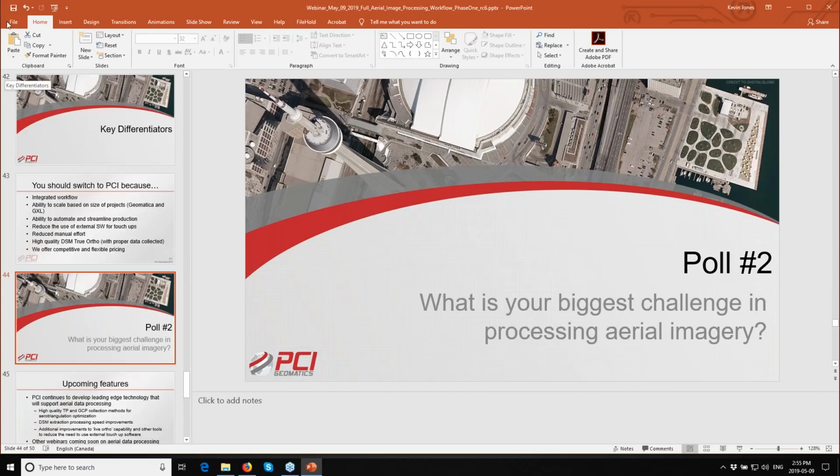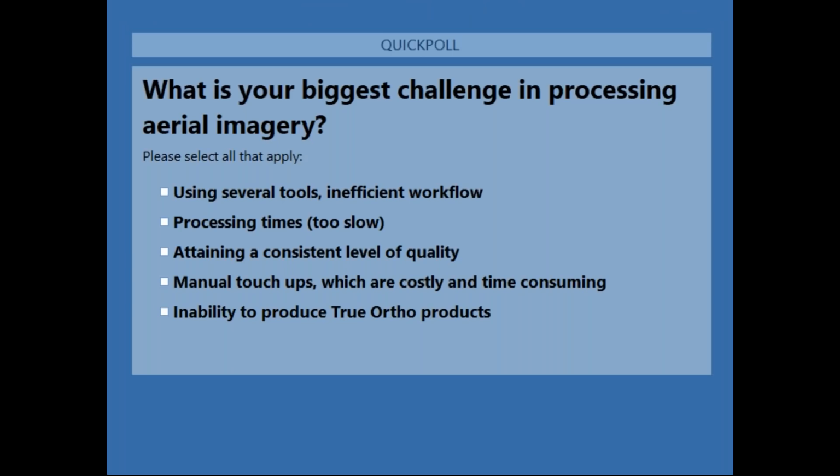Another poll just before the last couple of slides here. So we are interested to know, what is your biggest challenge with respect to processing your aerial imagery? So it could be that you're using multiple tools and you find that to be an inefficient workflow. Possibly processing is too long, so maybe you're unable to produce one-to-one DSMs just because it takes too long to do that with whatever package you're using.